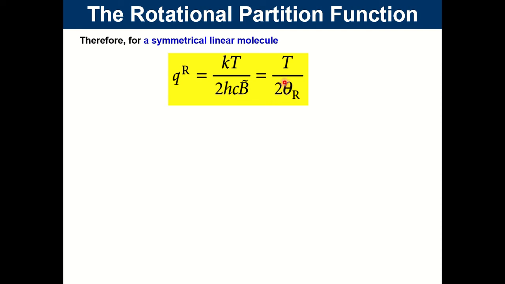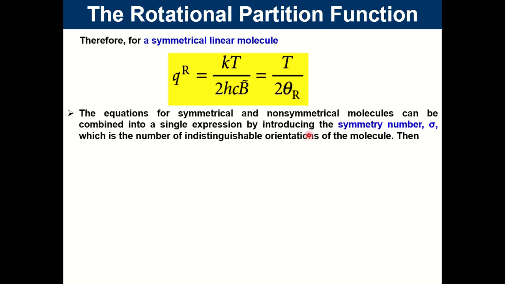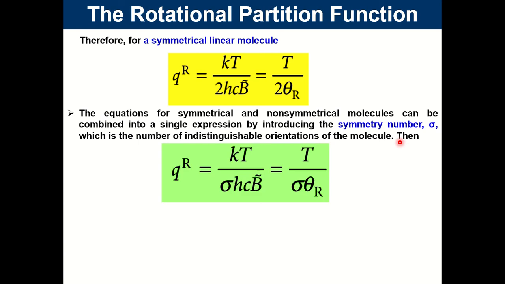So we divide the partition function by 2. So T by 2 theta r is the expression that we get in simplified form. So this 2 that we are dividing by is called the symmetry number, which is simply the number of indistinguishable orientations of the molecule during the rotation.